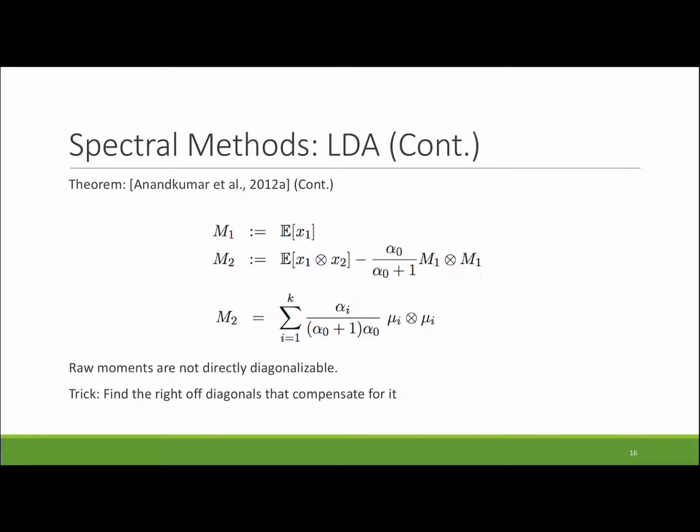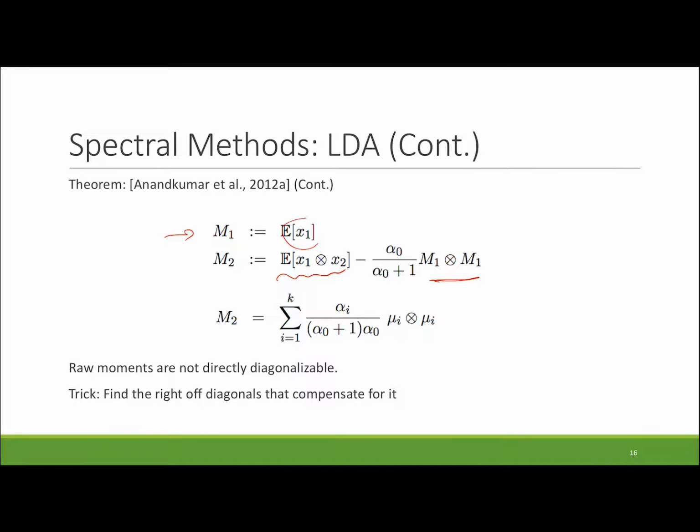Okay. So now let's see how spectral methods can be used for training LDA. Let's call the first order moment M1. Here we can no longer use the direct cross moments, and we need to find a linear combination of lower order moments and rearrange them so that the off-diagonal entries cancel out, and it gives us again that nice structure of the moment, the matrix that is decomposable, right? It is shown that this linear form of rearranging the moments is like this.